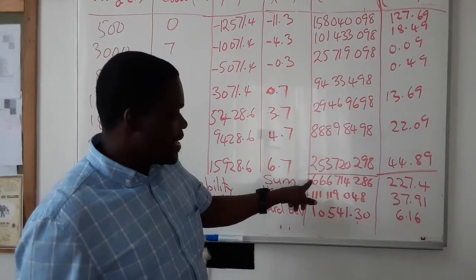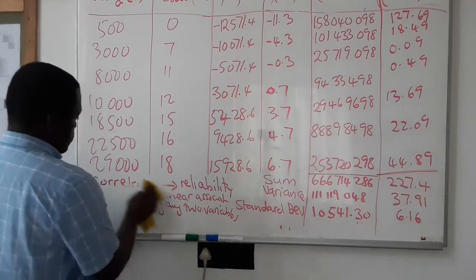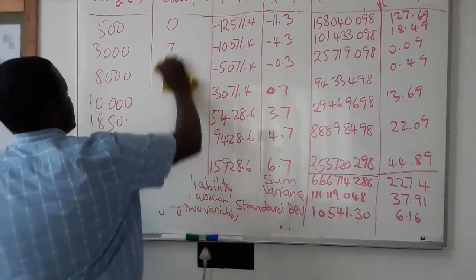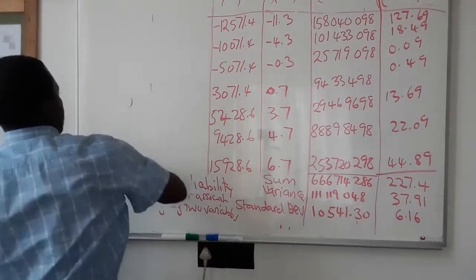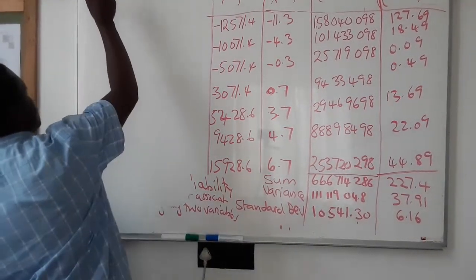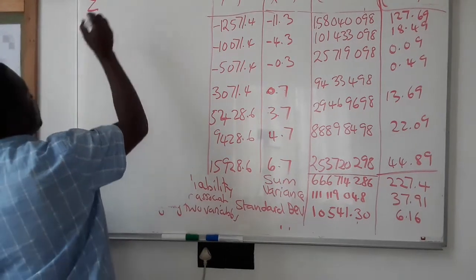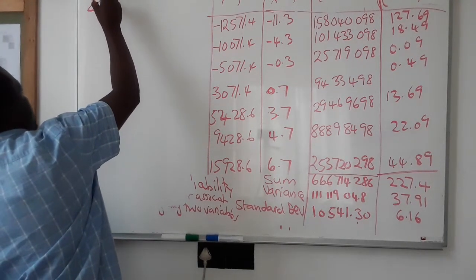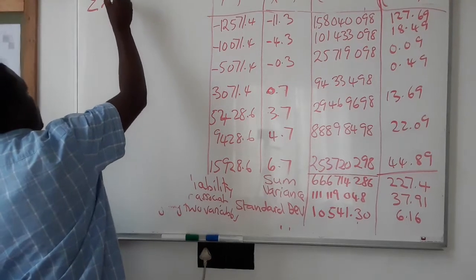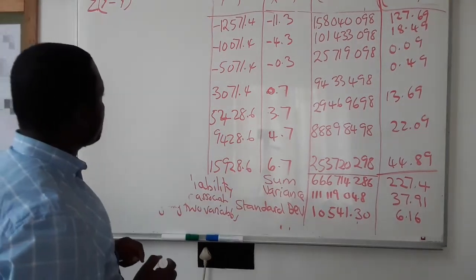If you are reading your book, you will come across something like this. It is the sum of y minus y bar squared, okay?